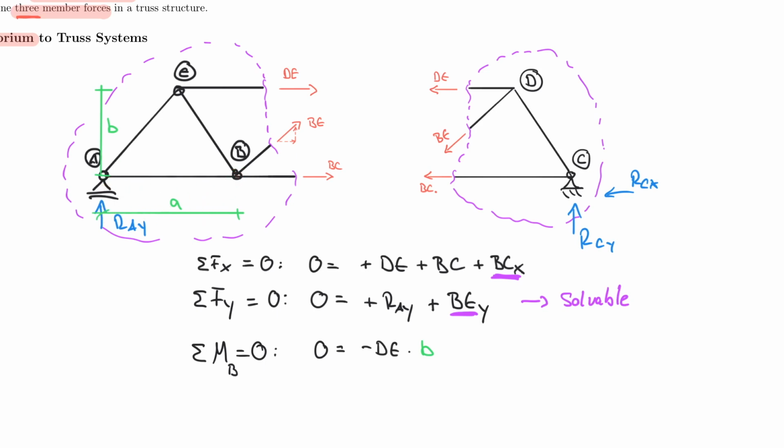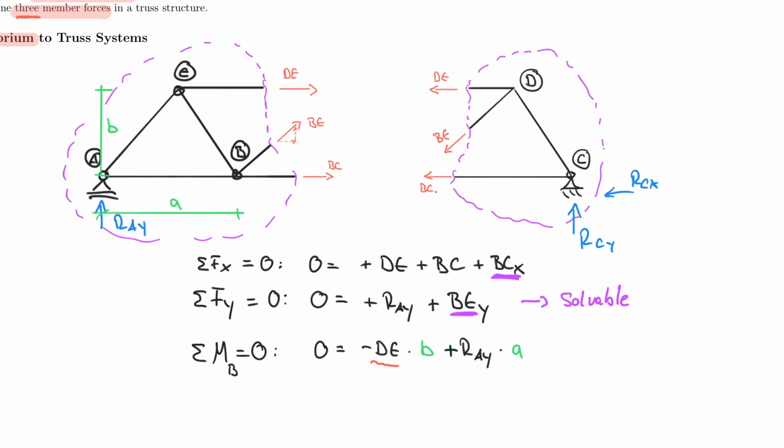So if I write that down, that would be RAY multiplied by A. And in this case, RAY rotates counterclockwise about B, so therefore it happens to be positive. And because there's only effectively one unknown now in the system, the only unknown is DE, and therefore I can solve this.